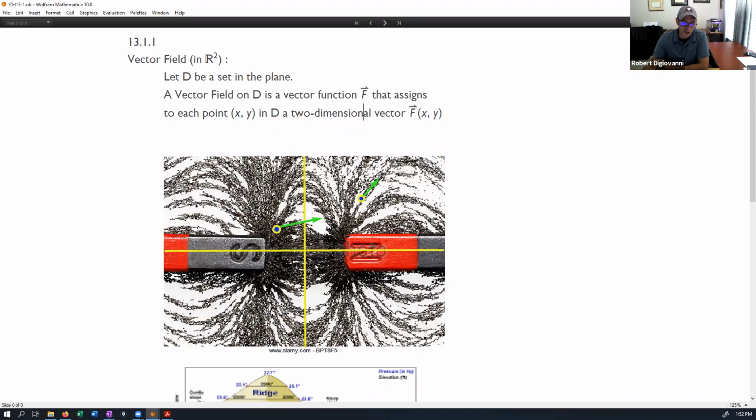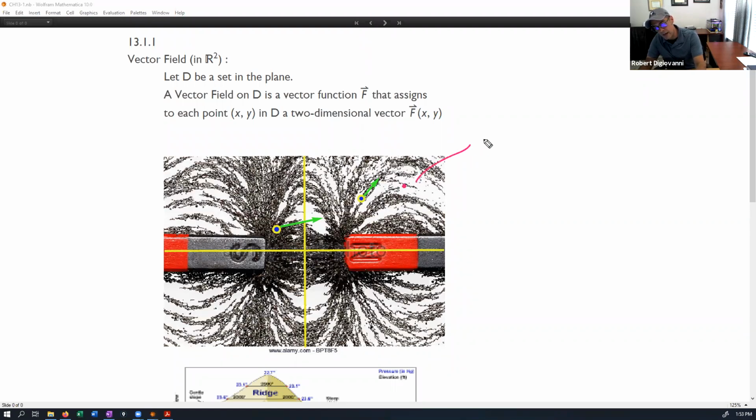So a good example of a vector field is a magnetic field. So if you put two magnets next to one another and you have these little iron filings and you scatter them around, they'll take the shape of the magnetic field. And so the way to look at this as a vector field is that if you go to any point, just pick a point, okay?